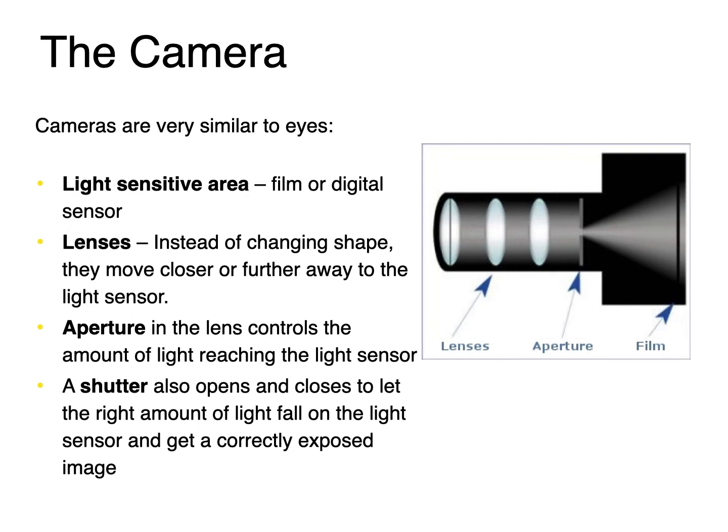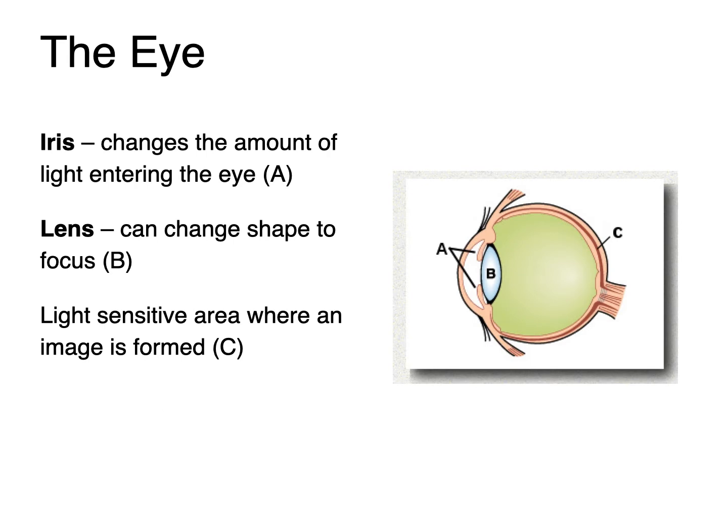Okay, the same way we'll see the camera. Cameras are very similar to our eyes. See the lenses, aperture, and the film. The iris, the lens which focuses, and the aperture, which is like the iris that changes the amount of light entering the eye.